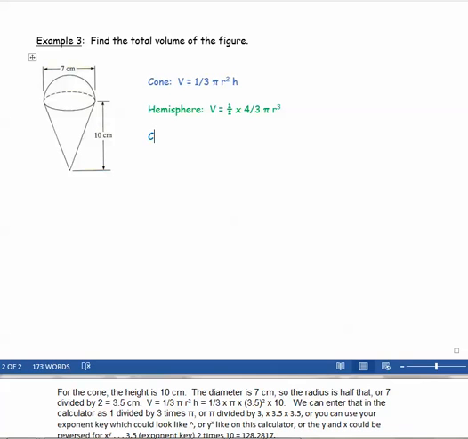For the cone, we need the height and the radius. The height is 10 centimeters. The diameter all the way across is 7 centimeters. We need the radius, which is half of that.